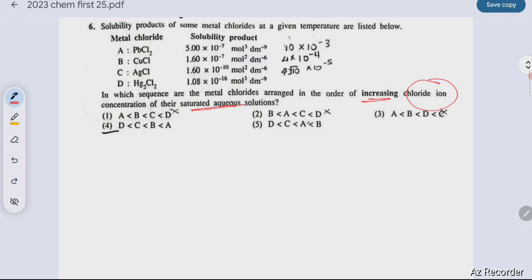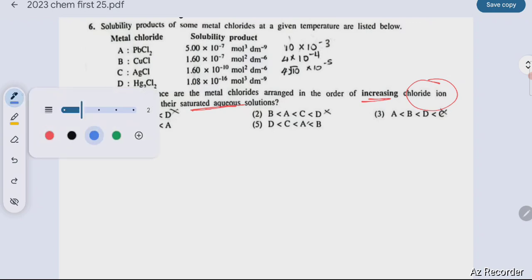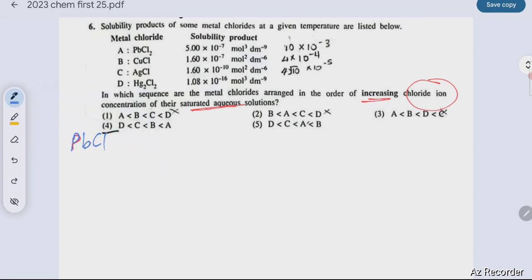So what do we have to apply here? Ksp, right? So PbCl2 first, if I take PbCl2, it gives Pb2+ aqueous plus 2Cl- aqueous. Here it is solid. Now how about the solubility? If x is soluble here, this will be 2x.